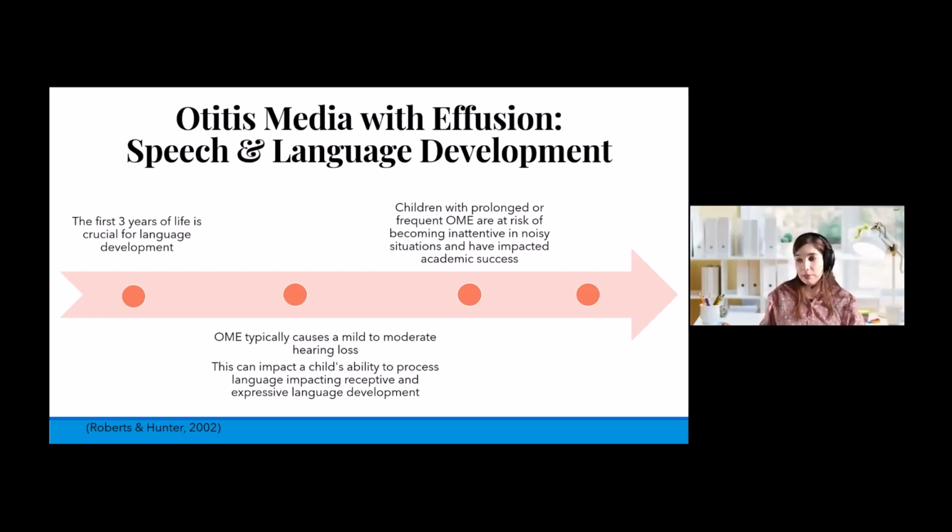So again, it's important to note that while this can happen when children have OME, it's not necessarily going to happen to every child that has otitis media with effusion. Some will experience delays, some won't. But it's important that if there's a suspicion that this may be occurring, to get diagnosis and treatment promptly, so the best possible intervention can be implemented.